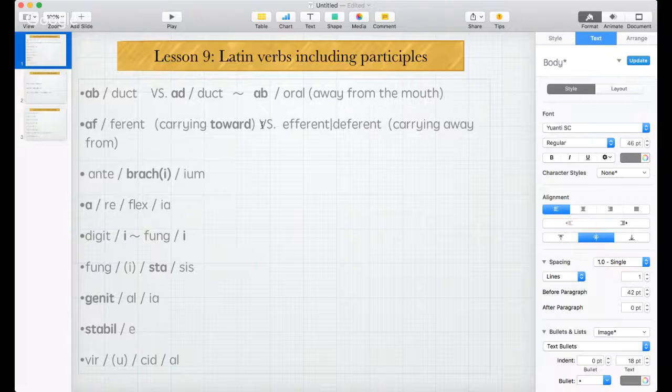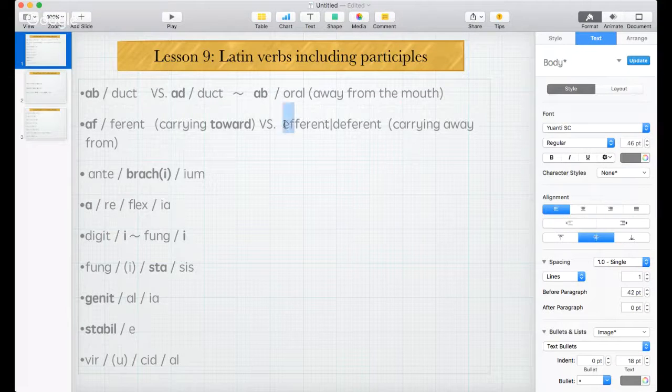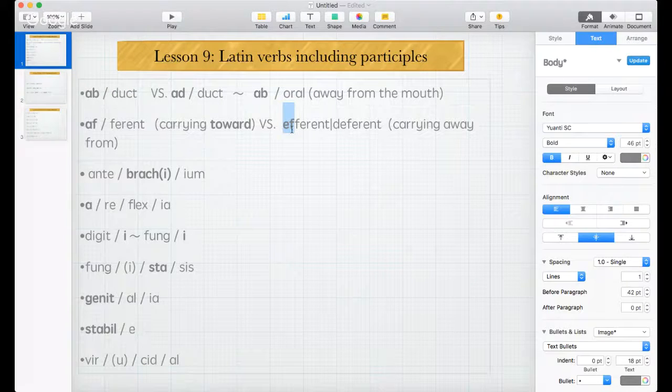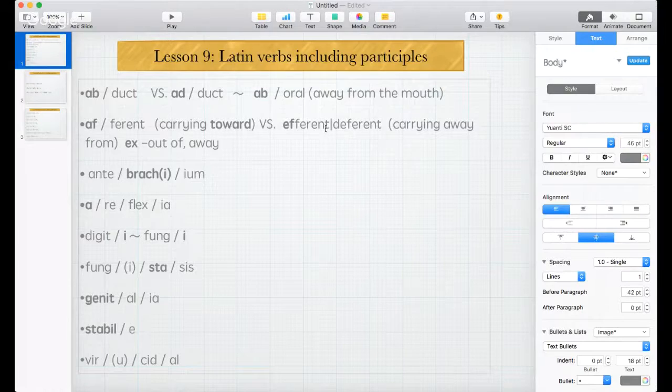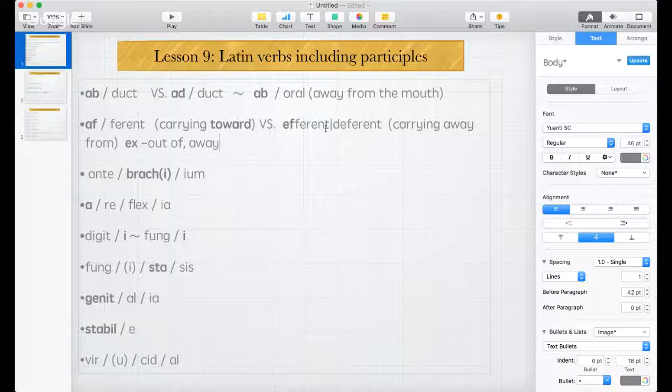Now, some of you put down efferent, but efferent actually means carrying away from, because this prefix ef is a variant of the prefix ex, which means out of, as in the word exit, which also means away from. So efferent is a different word that was put in to alert you about prefixes.